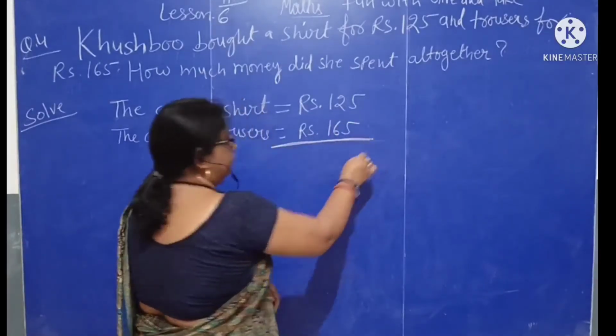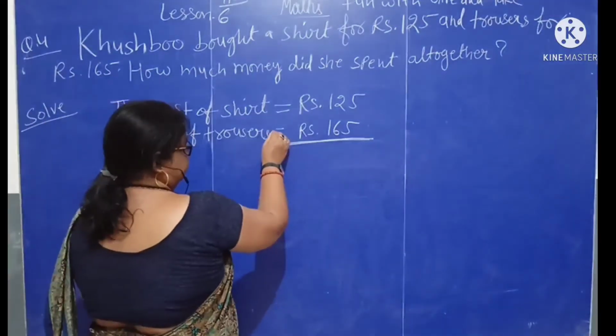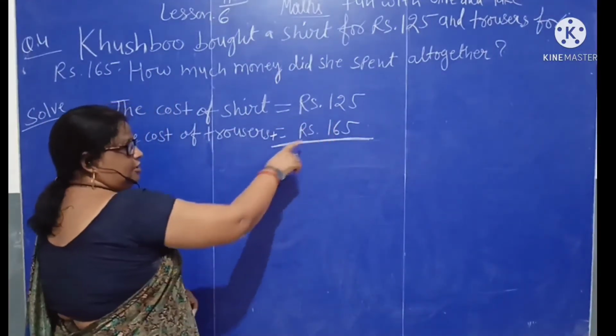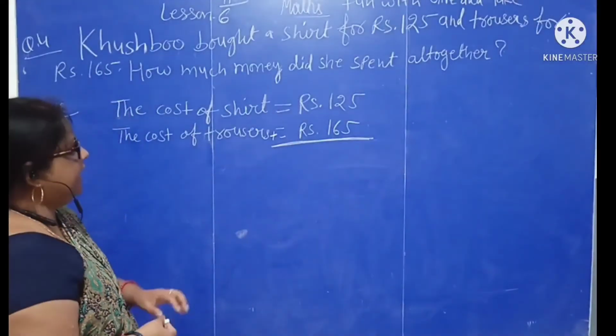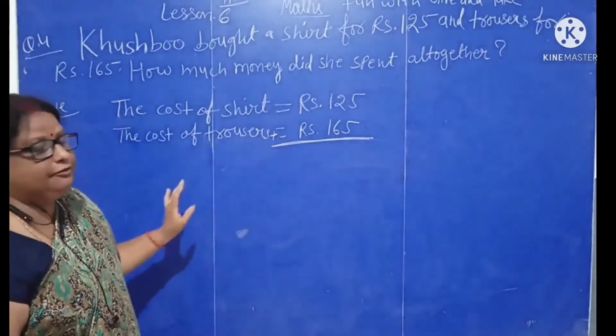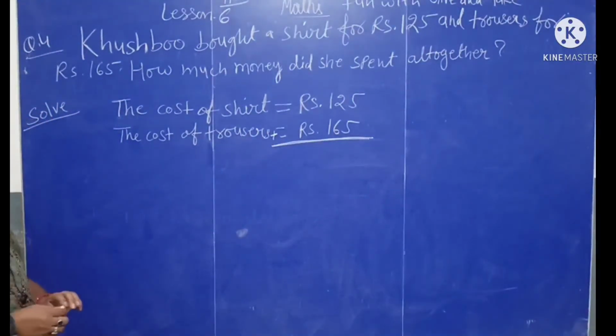What will we do in this question? We will add the cost of shirt and the cost of trouser. When we add them, we will find the total money she spent altogether.